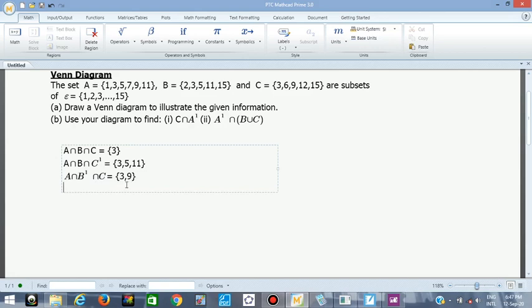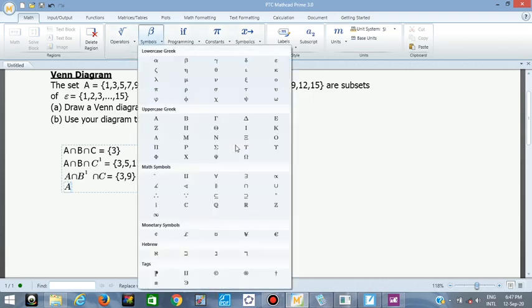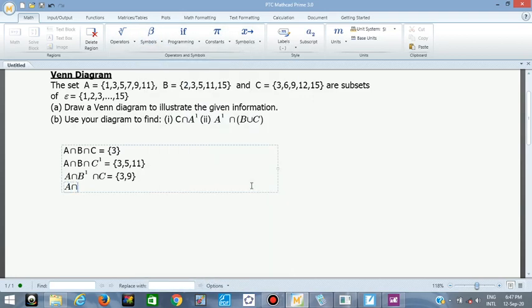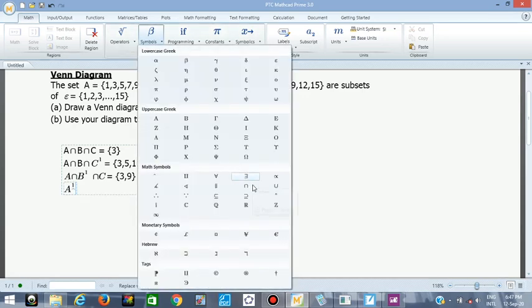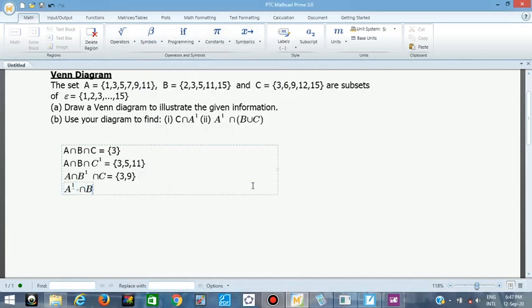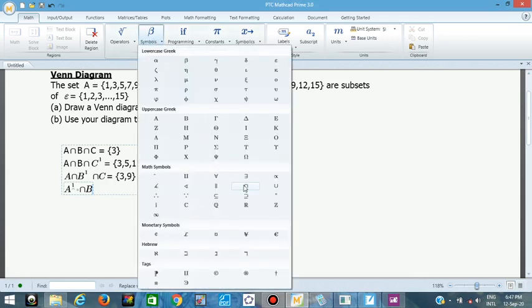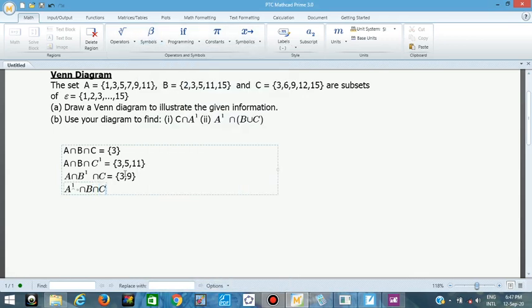So that is that. The next one I need now, elements in B and C, but they are not in A. So which is A intersection B. Okay, so I need the complement first. A complement, then intersection B, then intersection C. So this one will be equals to what?